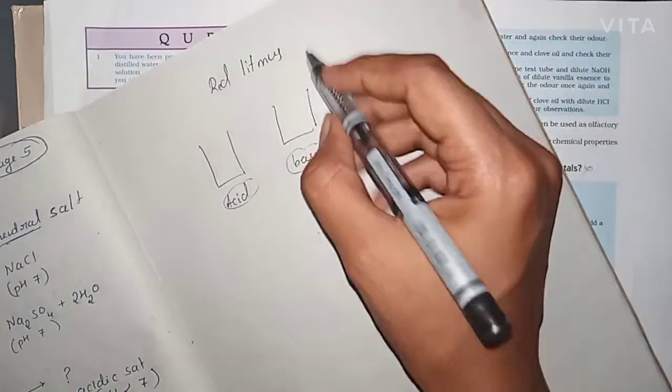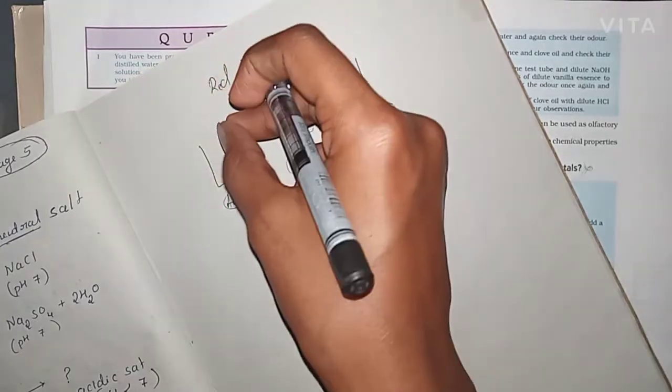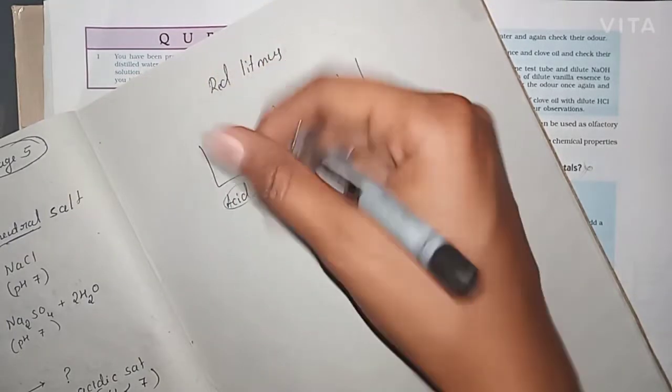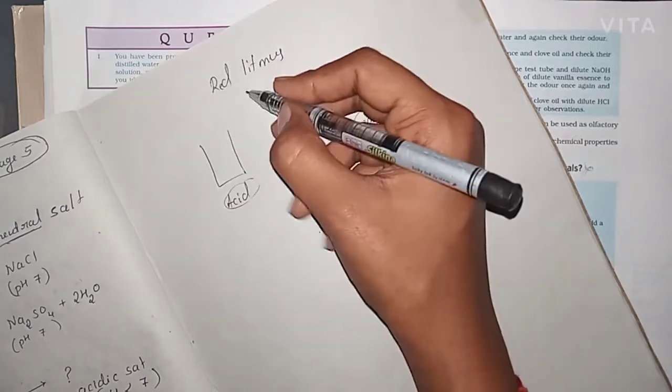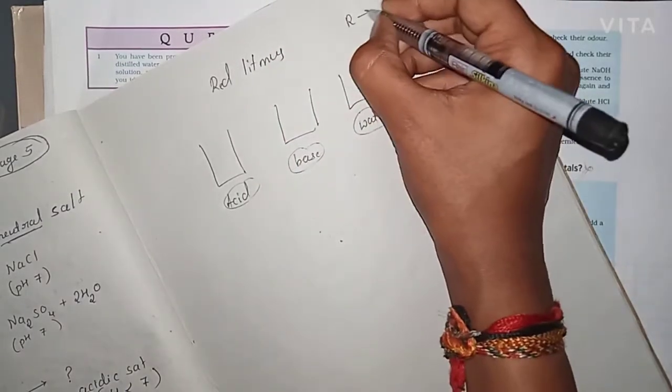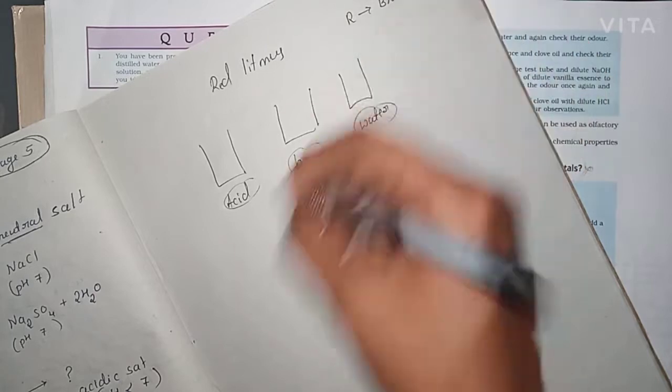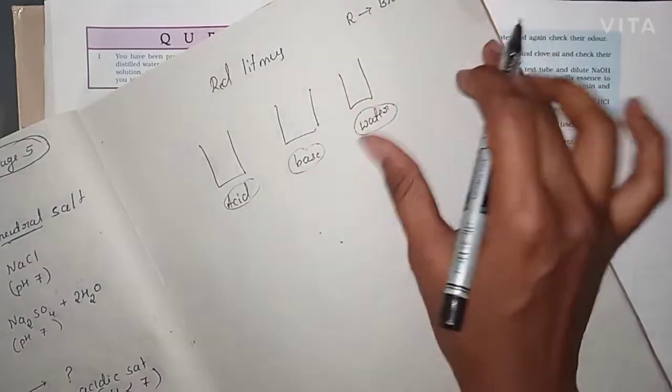So in one beaker I will dip. If the red litmus changes to blue color, that beaker we can say is a base.